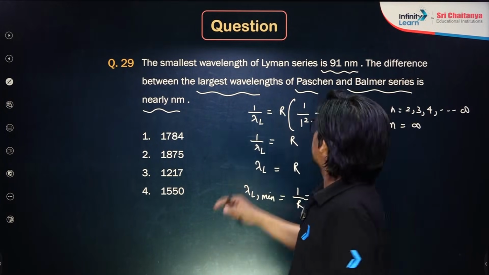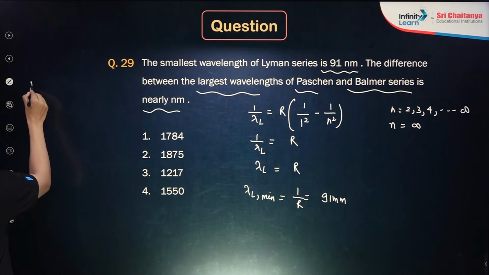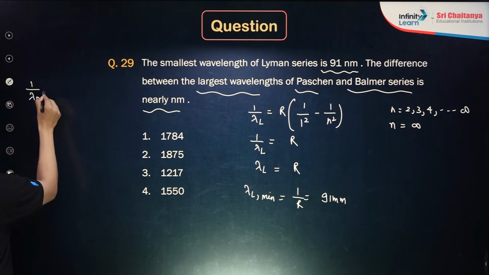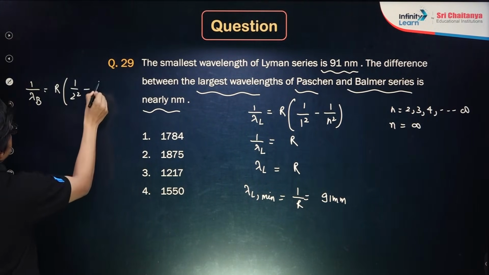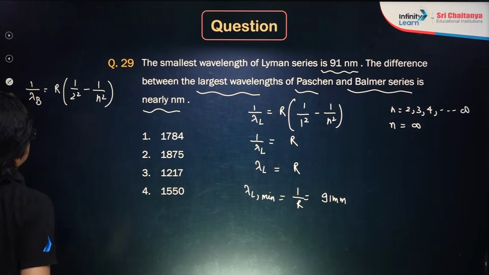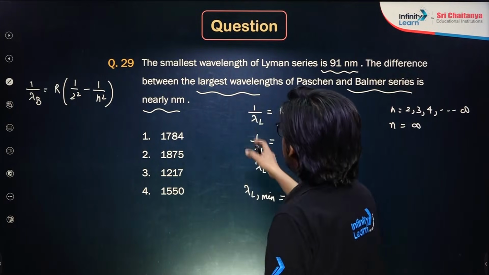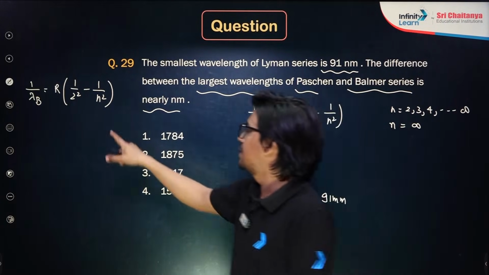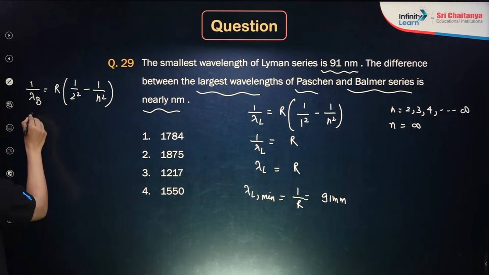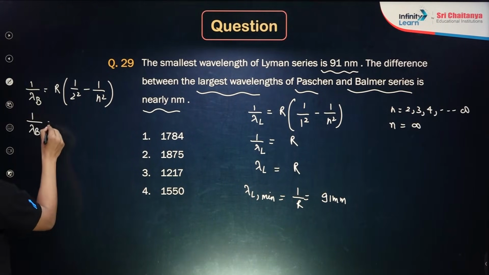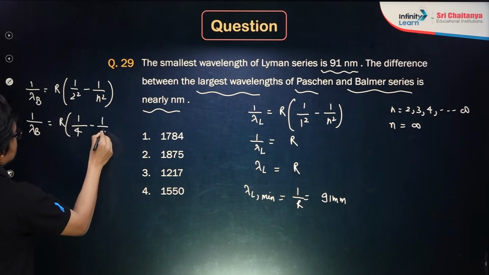So Lyman, Pascal and Balmer. For Balmer, first let me write, 1 by lambda B is equal to Rydberg constant into 1 by 2 square minus 1 by n square. That n can be any integer greater than 2. I want now the largest wavelength, so n is equal to 3. So 1 by lambda B is equal to R into 1 by 4 minus 1 by 9.